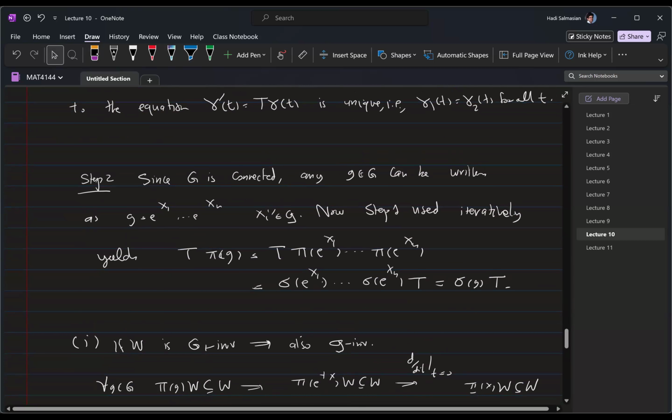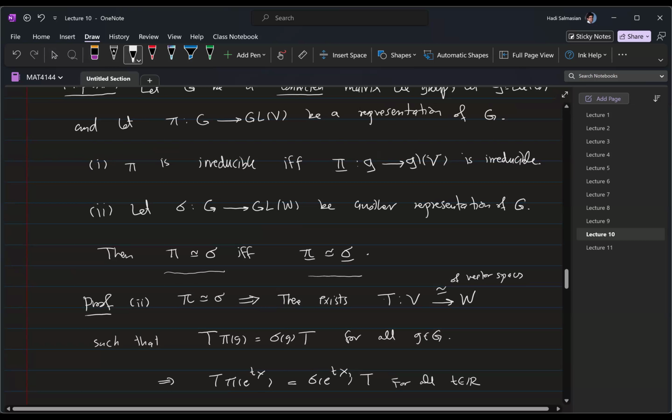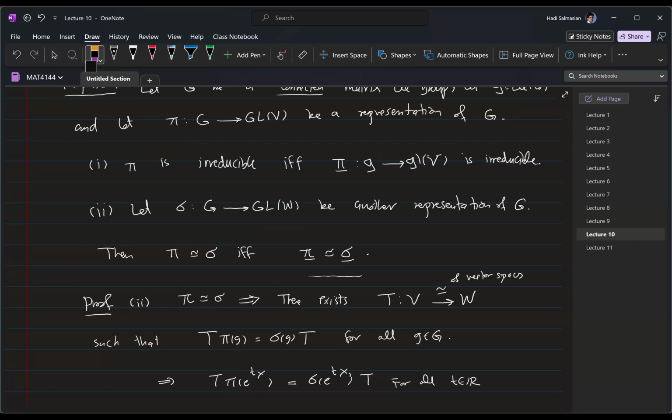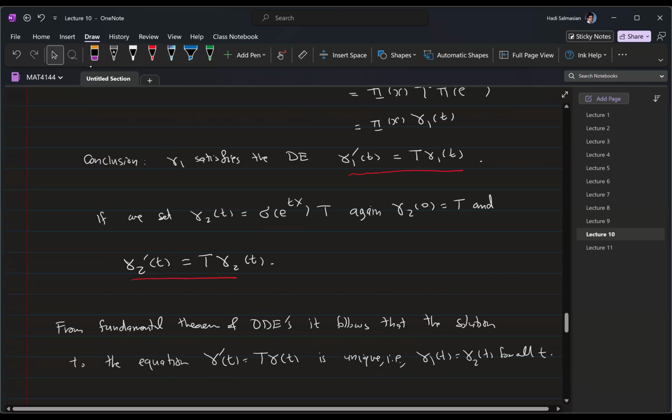More precisely, if you have two representations pi and sigma, then pi and sigma as representations of G are isomorphic if and only if their derived representations are isomorphic as Lie algebra representations. Okay, so these are the things that we learned, right?